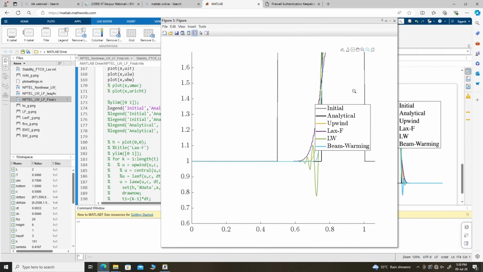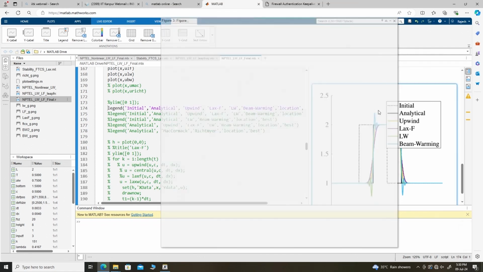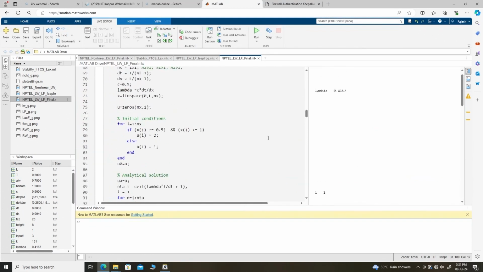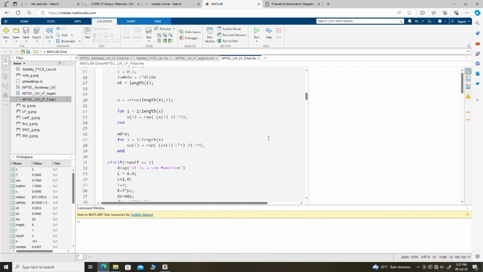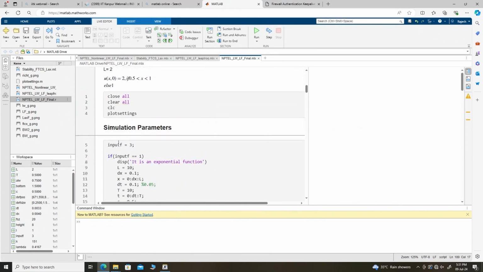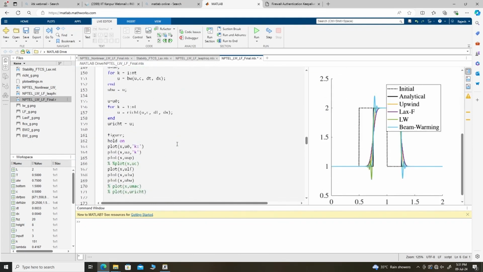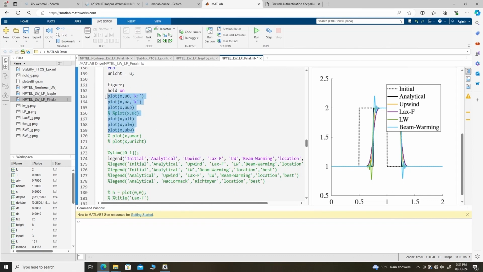The final thing that I want to show you is the MacCormack and the Richtmyer schemes, which are the two-step schemes. As we have discussed, for the linear problem, it is like your Lax-Wendroff scheme. So, let us see if we are seeing the same thing.